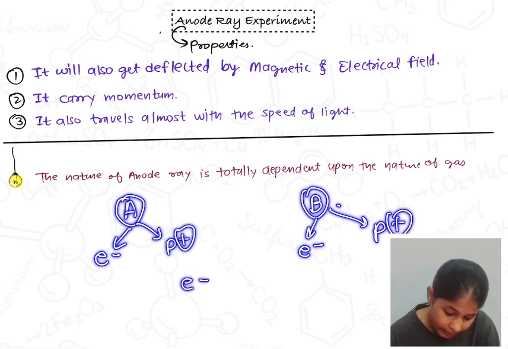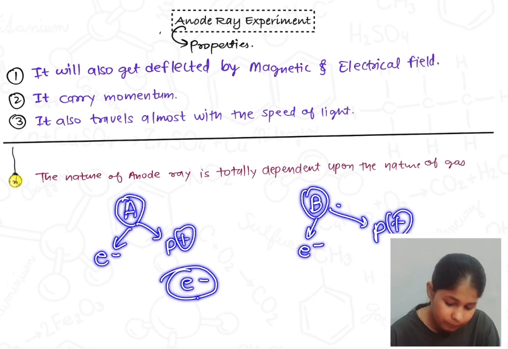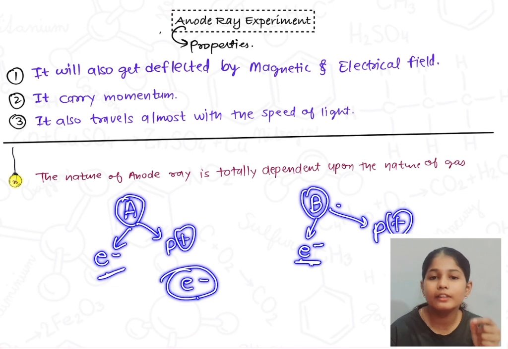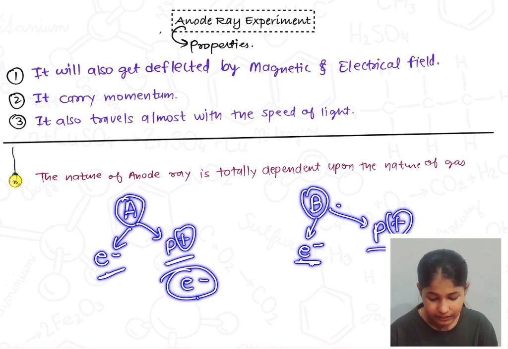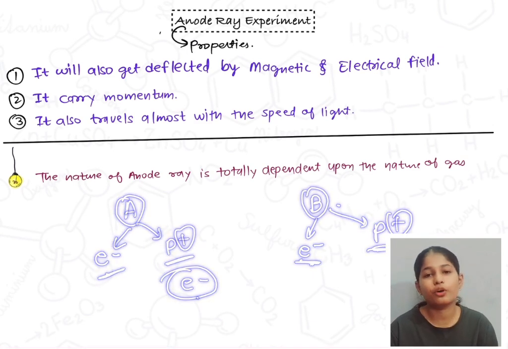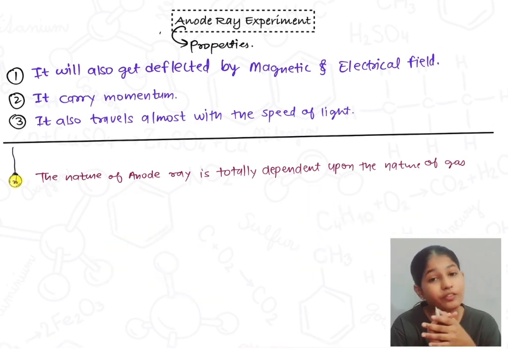Yes, simply the electrons in both cases will be the same. This electron and this electron, both will be the same in property, nature, etc. But this proton and this proton will totally differ from each other.